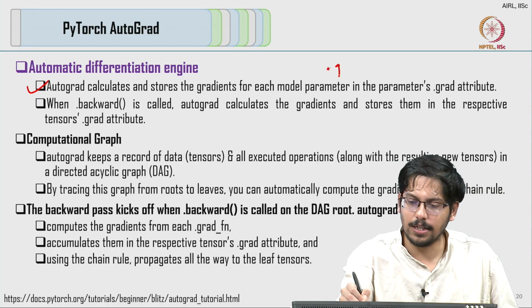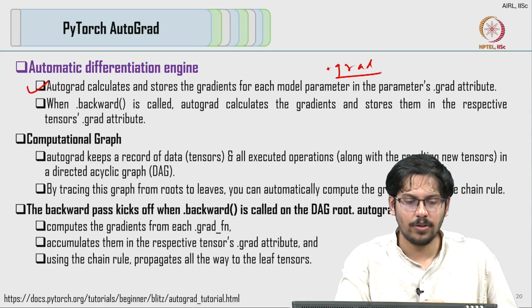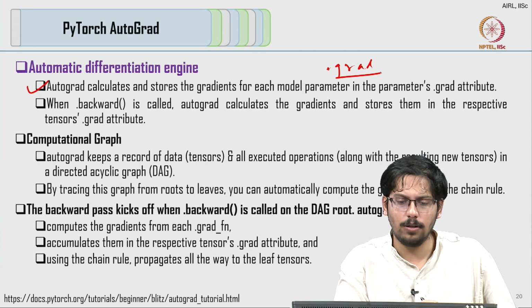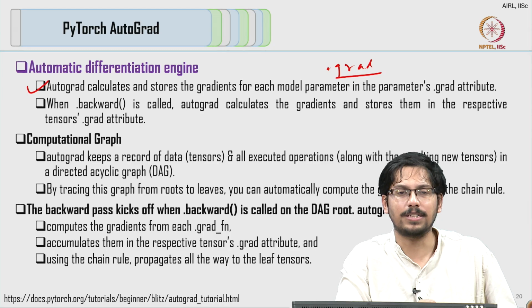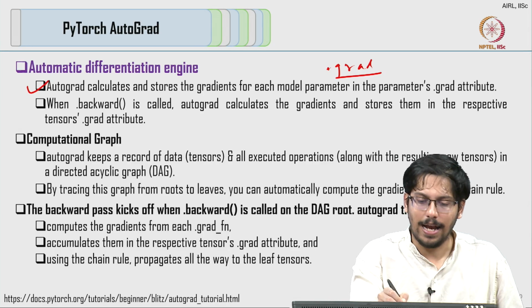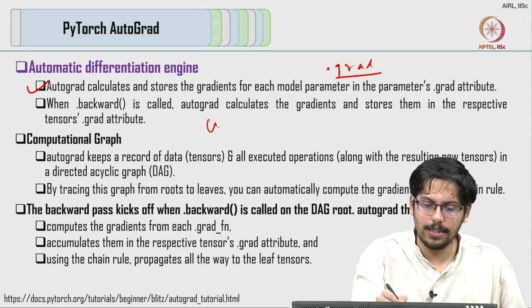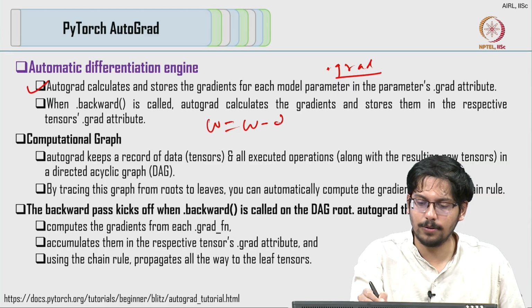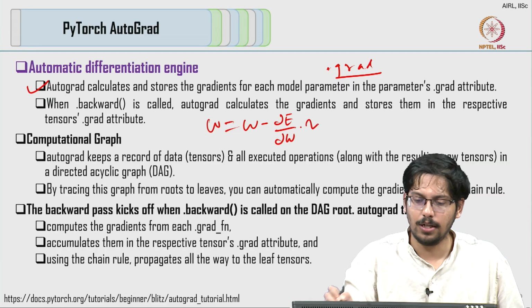It does this using the grad tool. Now when dot backward is called, Autograd calculates the gradients and stores them in the respective tensor's dot grad attribute. Essentially what we are trying to say is W minus eta times dou E by dou W, right.